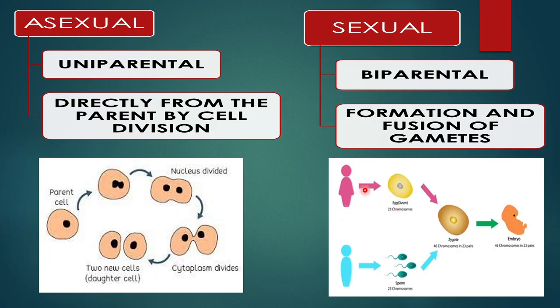So 23 chromosomes from the mother, who develops the egg, and 23 chromosomes in the male gamete. Female gamete and male gamete fuse together to form the zygote, from which develops the new individual. So here there is involvement of two parents, which leads to fusion of gametes. No gamete fusion is involved in asexual reproduction.